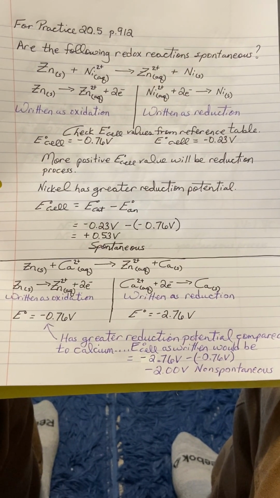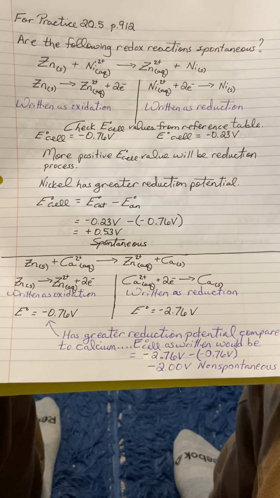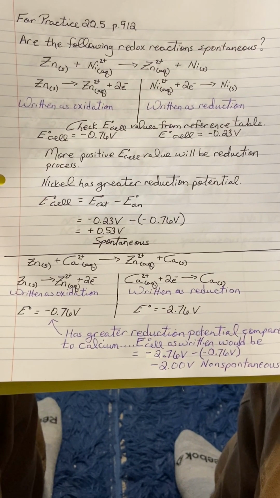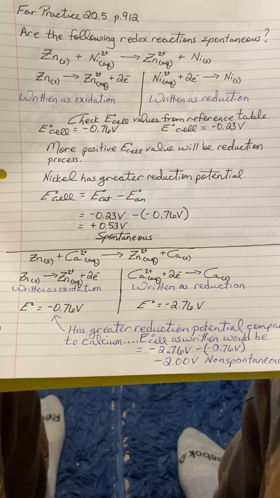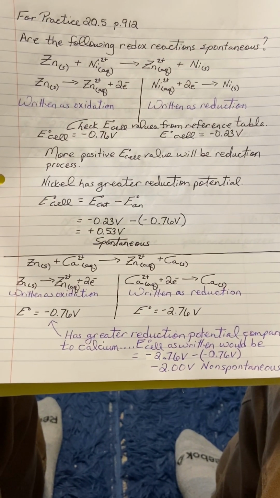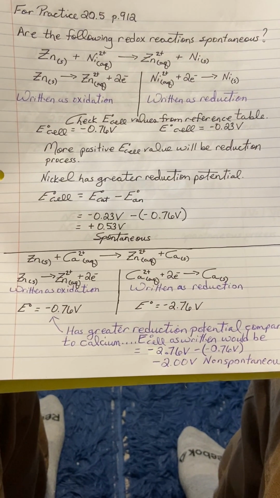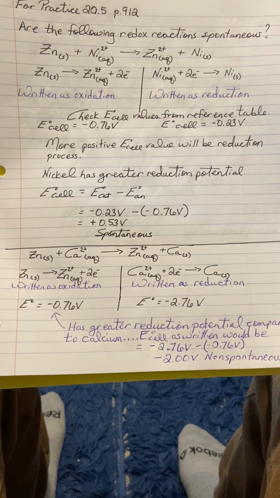The more positive value will be the reduction process, since it has a greater reduction potential. So nickel should do the reduction while zinc should do the oxidation, which is how it is written.